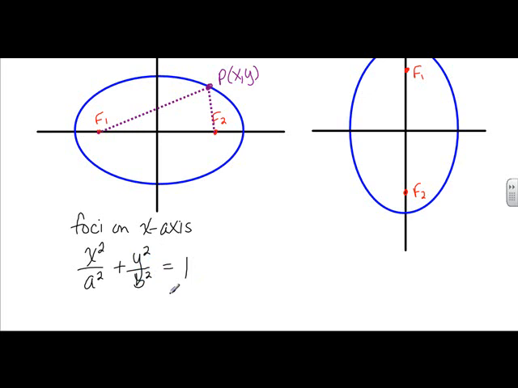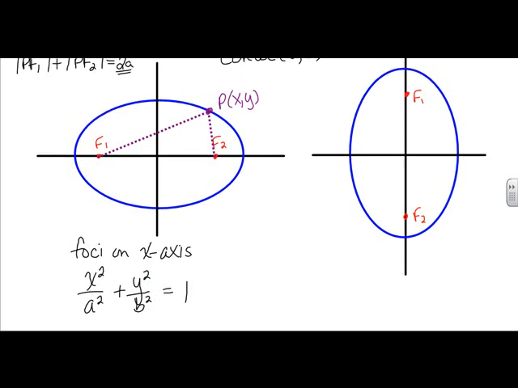Now, every ellipse has two axes. It has a major axis, which is going to be the length of the long axis. An axis is going to be a line that runs through the center of the ellipse. So the major axis is the longest distance across the ellipse, if that makes sense.